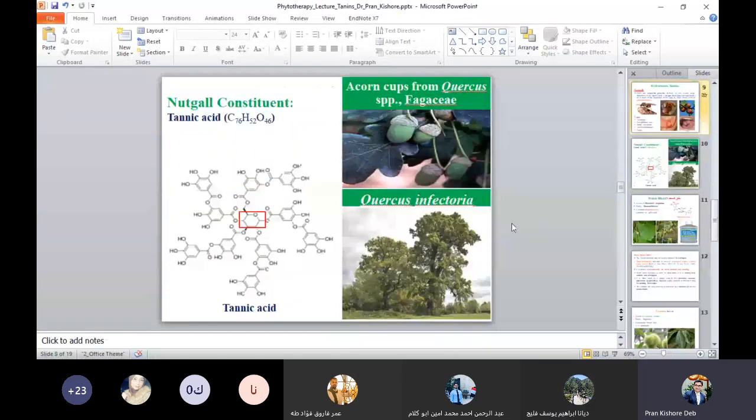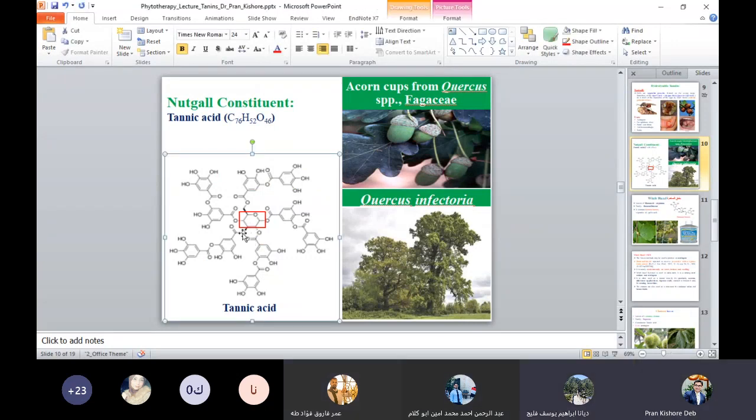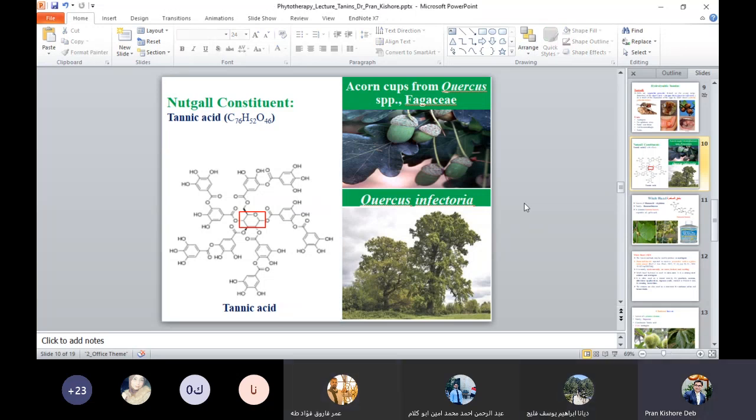Now look at the structure. Gallic acid. Yes, so one sugar, and how many ester bonds with the sugar? 1, 2, 3, 4, 5 ester bonds. So in total, how many gallic acids do you see? 5 or 10? 10.